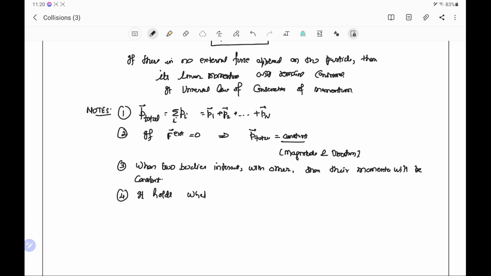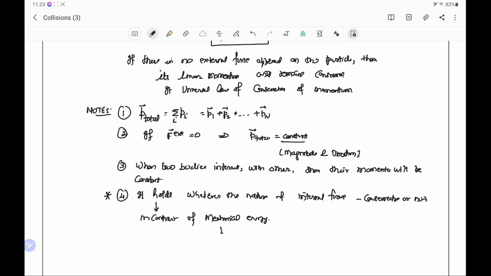Fourth is, it holds whatever the nature of internal forces, conservative or not. This is in contrast of mechanical energy.